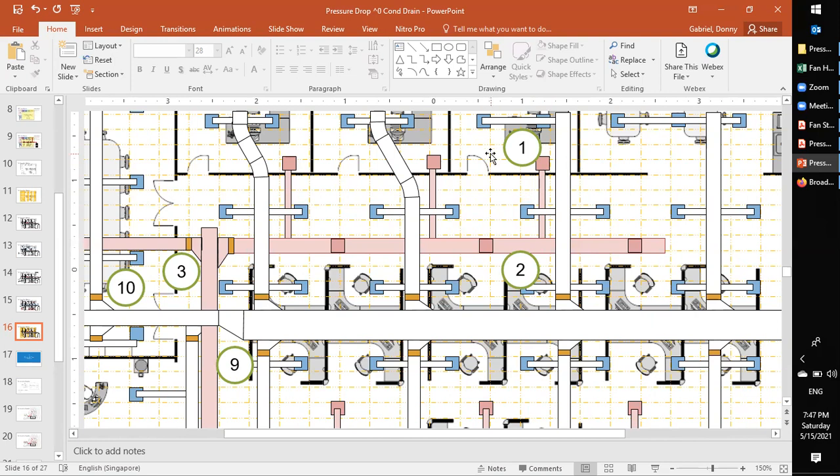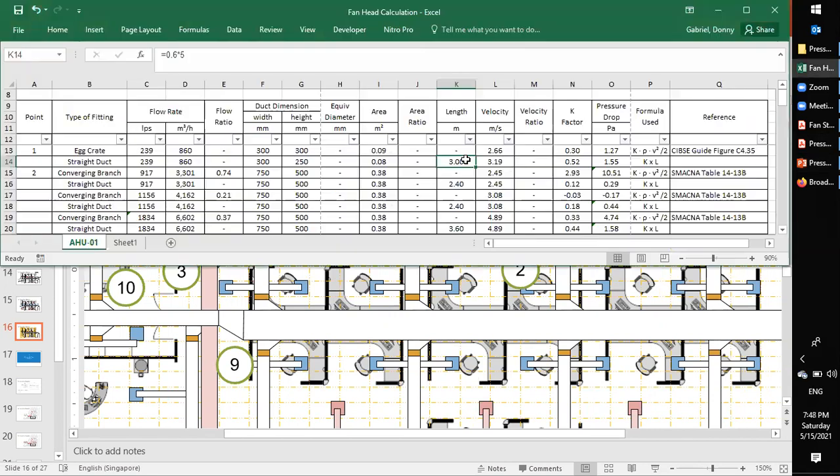One grid is about 0.6 meters. So we can assume 0.6 times 5. You get 3 meter length. So 3 meter times 0.52. Where did we get this 0.52?